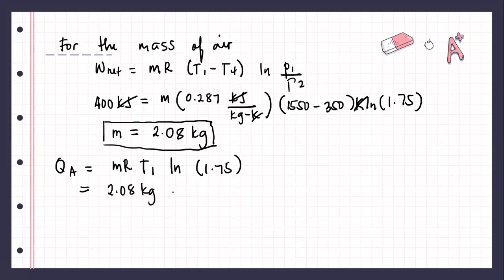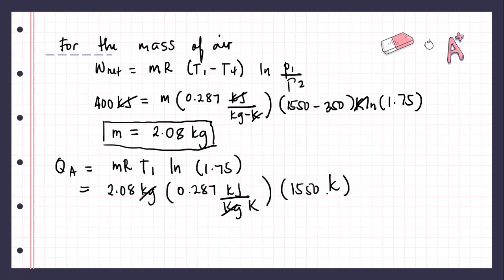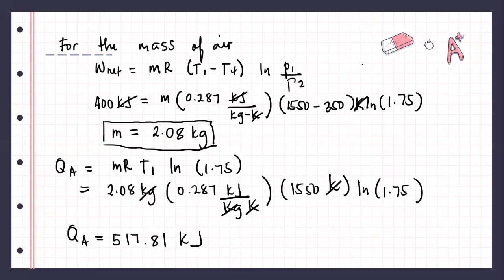Then for the gas constant of air, we have 0.287 kilojoule per kilogram Kelvin, and then temperature 1, which is 1,550 Kelvin. Cancel Kelvin. And then ln 1.75. Now for the heat added, we have 517.81 kilojoule.